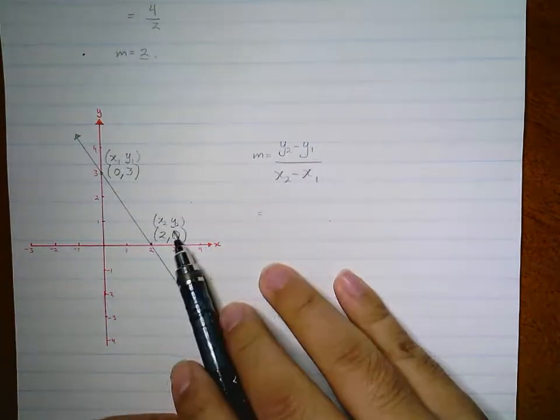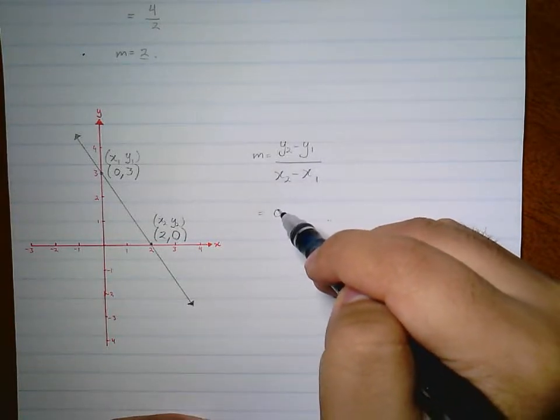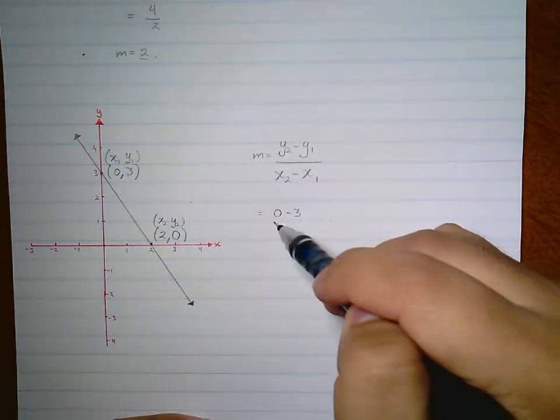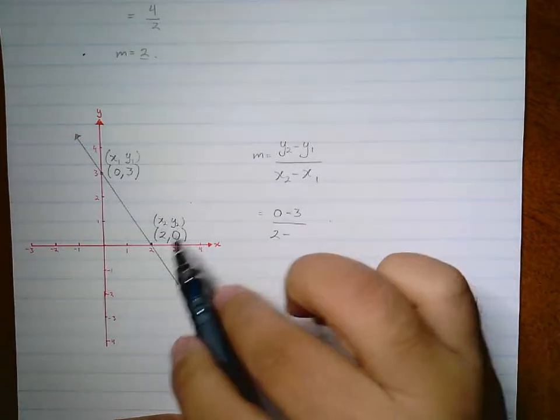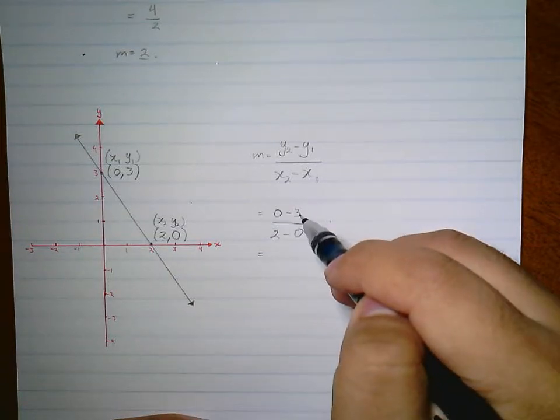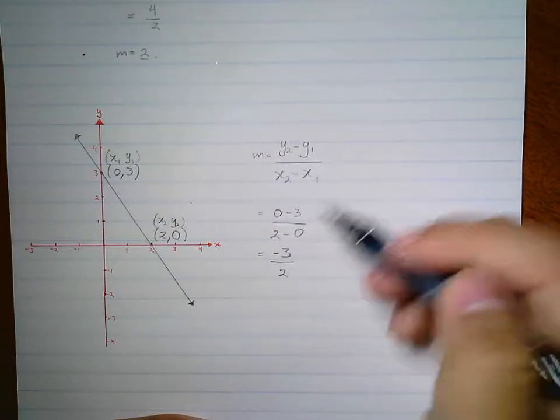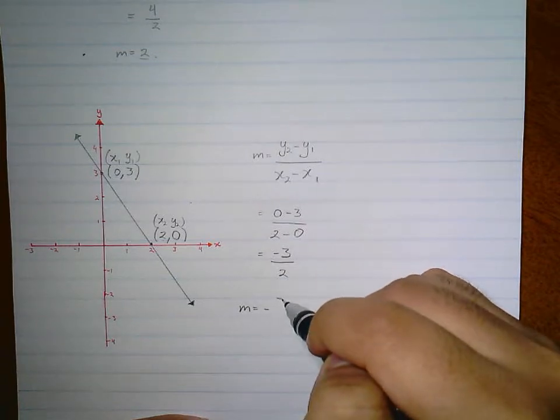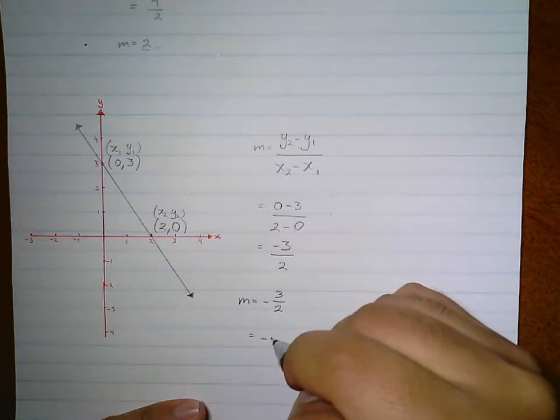So in our example, y2 is 0, take away 3, all over 2 take away 0. This gives me 0 take away 3 is negative 3. 2 take away 0 is 2. So our gradient is actually negative 3 over 2, or we could say it's negative 1.5.